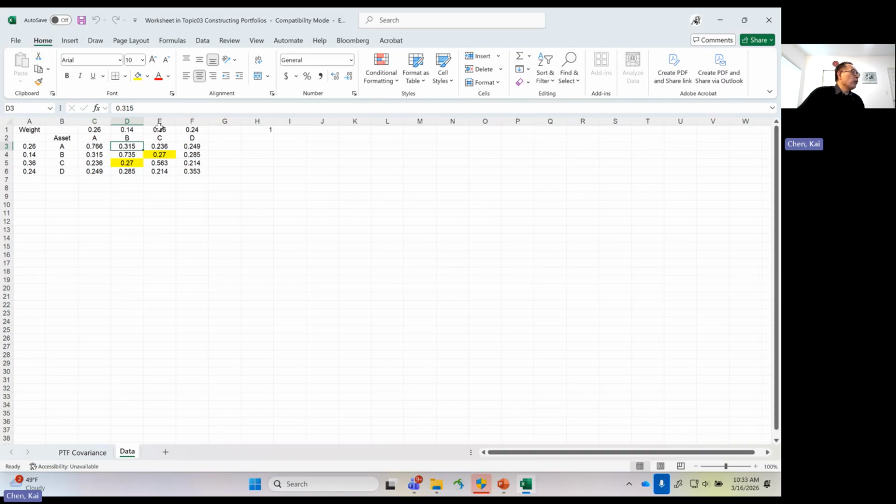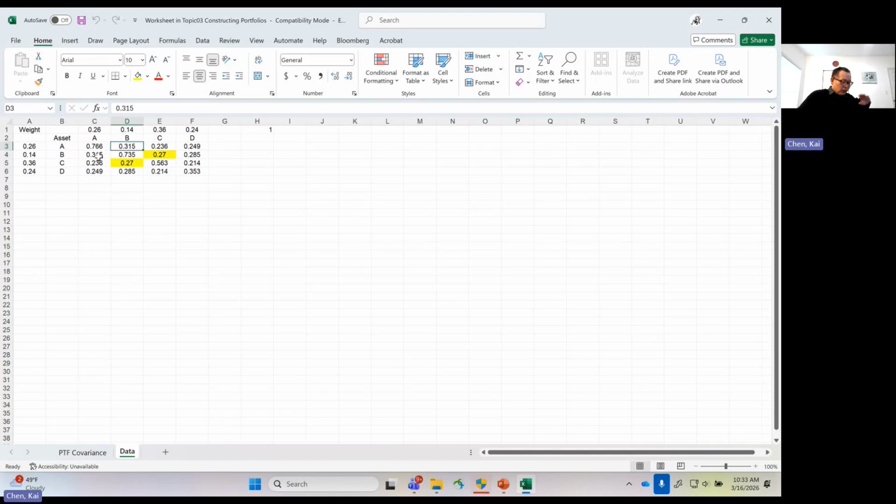Now I put the weights on the top and to the left. Then we have a covariance matrix with the weights, or an expanded covariance matrix. I think the calculation is pretty simple, right? We multiply each element by the weight on the top and then by the weight to the left, and then sum them up.